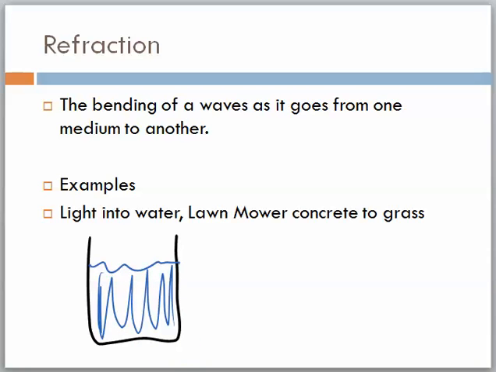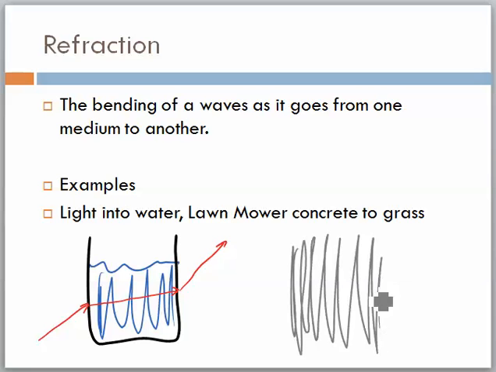So we've got this glass of water, and we've got this beam that's going to go into it. Well, what typically happens then is the beam is bent. It's going to come off at a different angle in these cases. This is refraction.